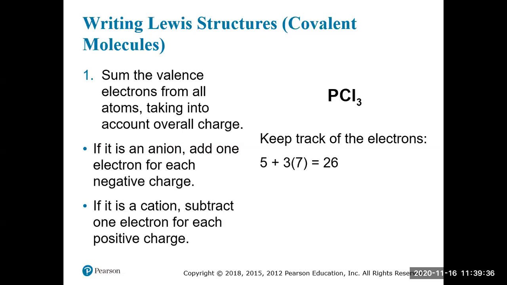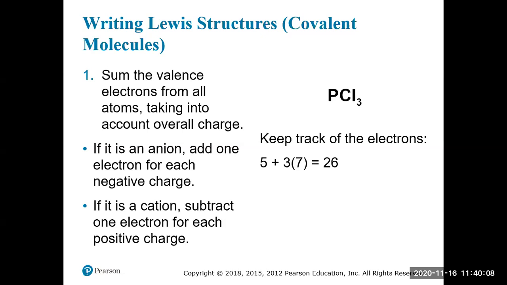If it's an anion, then we add the number of electrons to represent what the negative charge is. So if it's a -1 charge, we'd add 1 additional electron. If it's -2, we'd add 2 additional electrons. If it's a cation, then we have to take away 1 electron for every positive charge. So if it's +1, we would remove 1 electron from the total. If it was +2, we'd remove 2 electrons from the total.